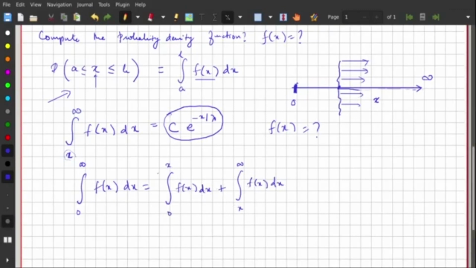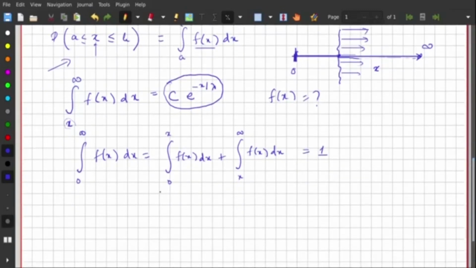We split the limits from 0 to x first and then from x to infinity. This is the total probability and it is unity. So from here, the integral from x to infinity of f(x) dx can be written as 1 minus the integral from 0 to x of f(x) dx.